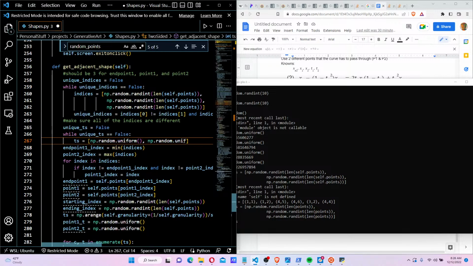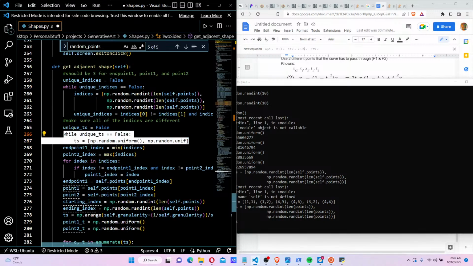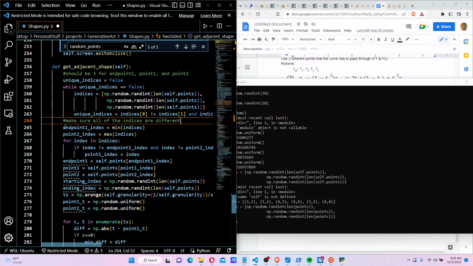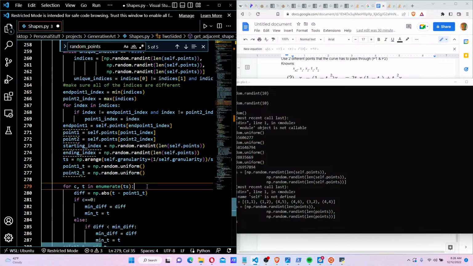T's is equal to that. So I've got indices. Now we have t's, endpoint 1, endpoint 2, ending index.